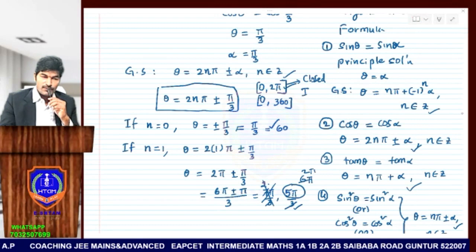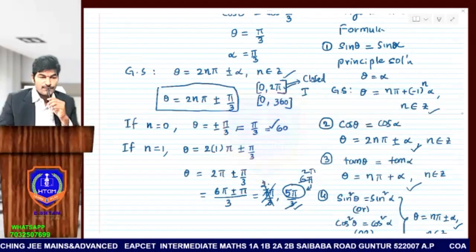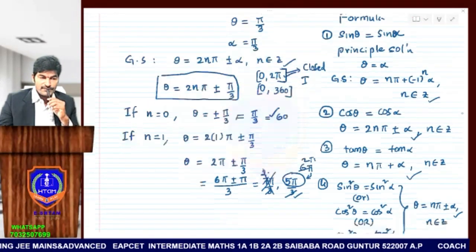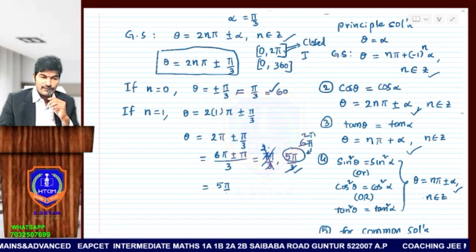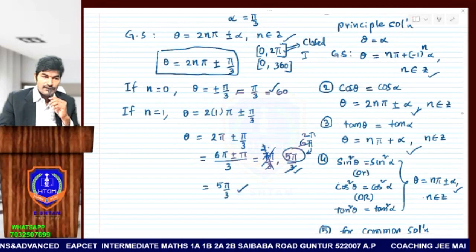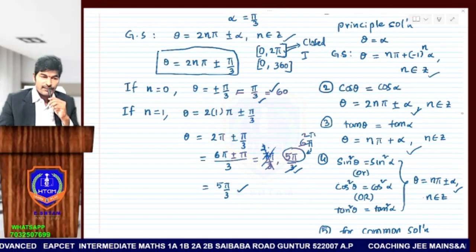Closed bracket means it will be included. So 5 pi is below 6 pi, and you can consider that value as a solution. Therefore, we have the solution 5 pi by 3. Is it okay? So we have two different values, pi by 3 and 5 pi by 3.